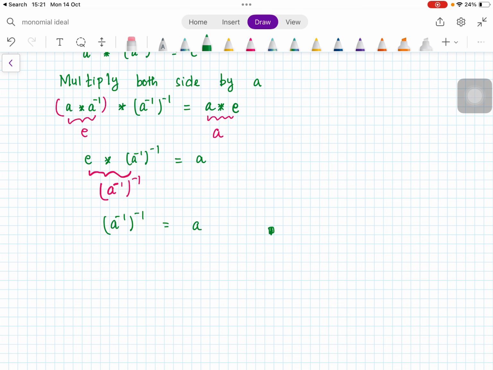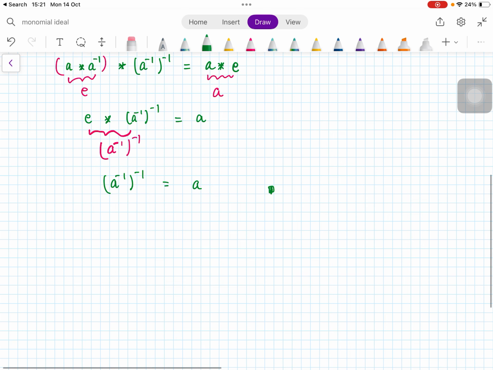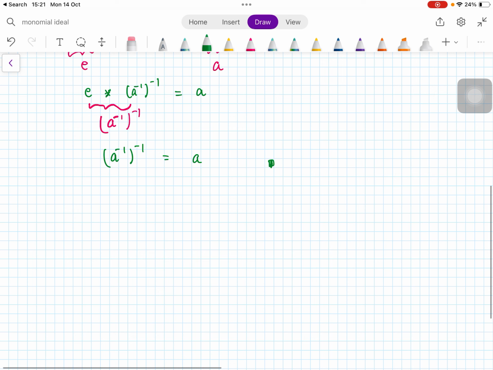Okay, now we move to the second one. For the second one, I will prove it with the left side.